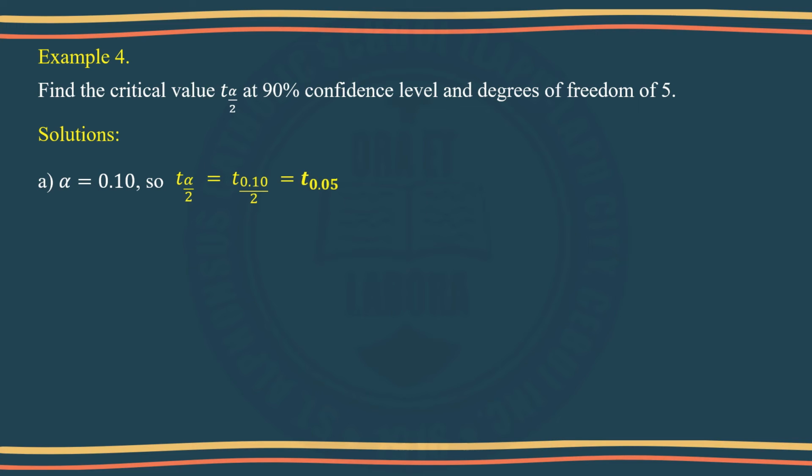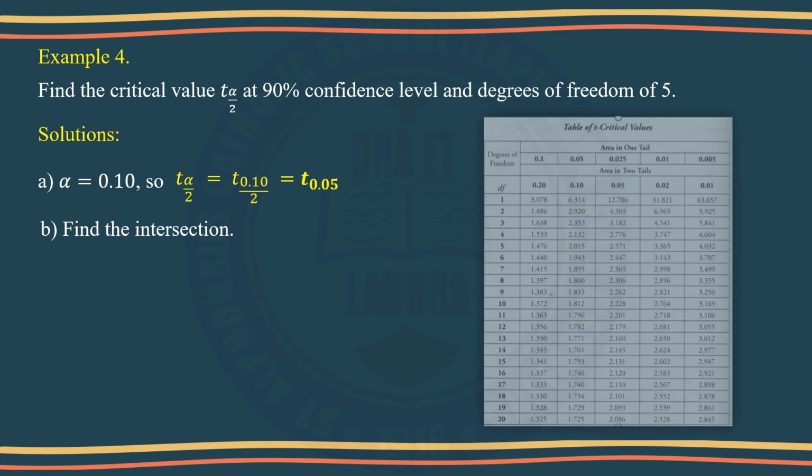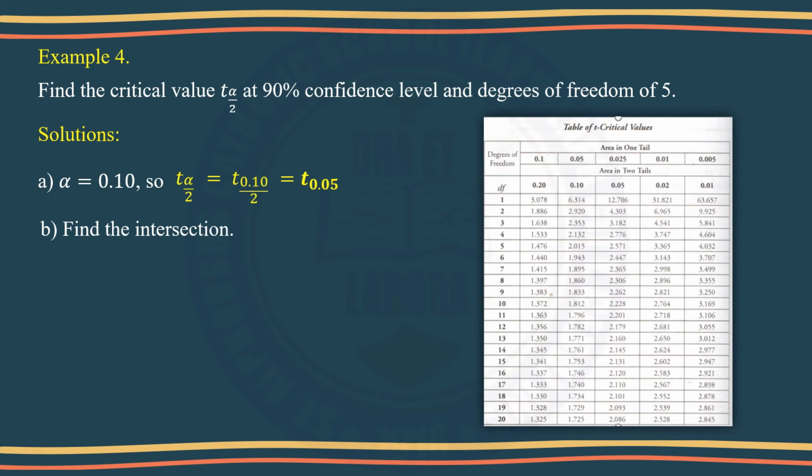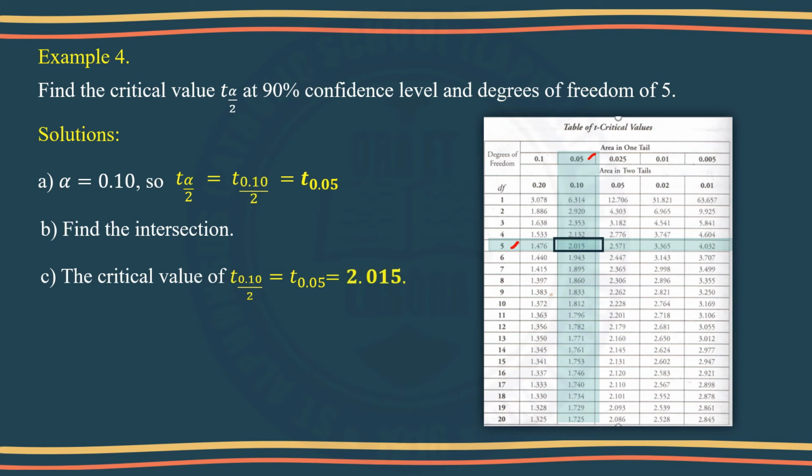Simplify this one and it is equal to t sub 0.05. Next is to find the intersection of 0.05, which is the area in one tail, and the value of degrees of freedom, which is 5. And that is 2.015.